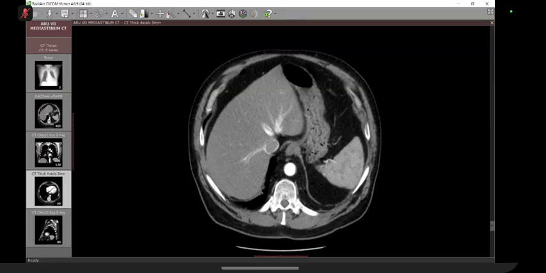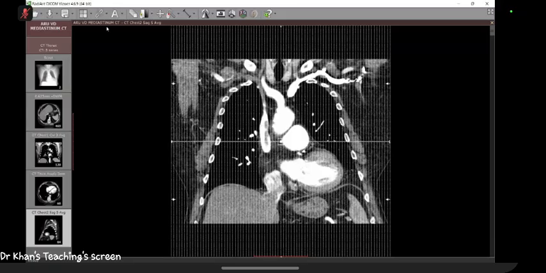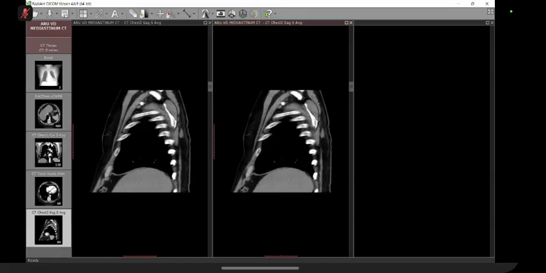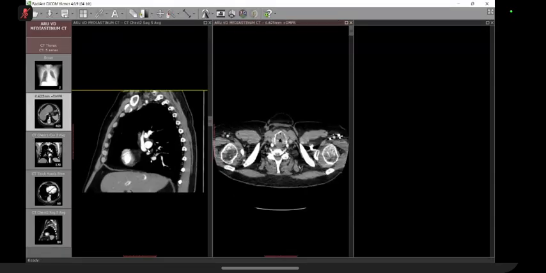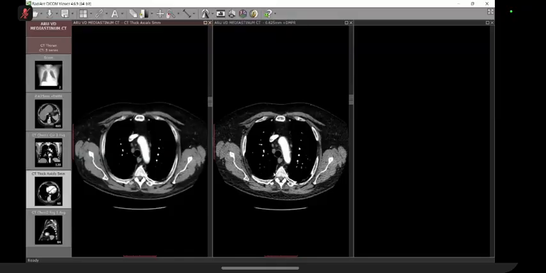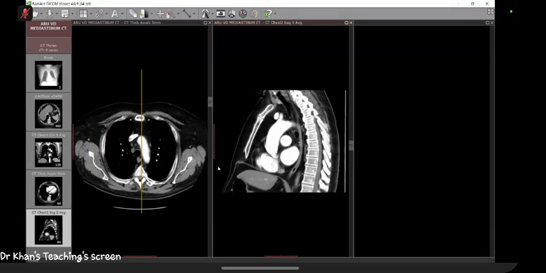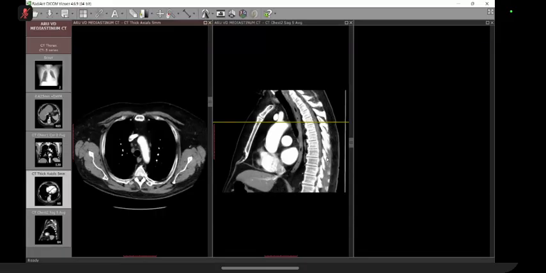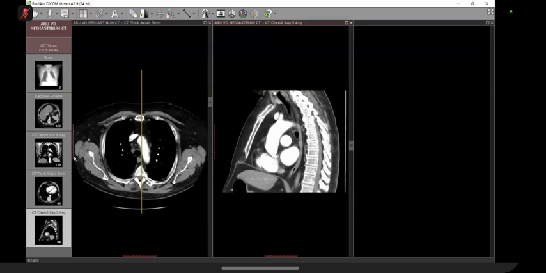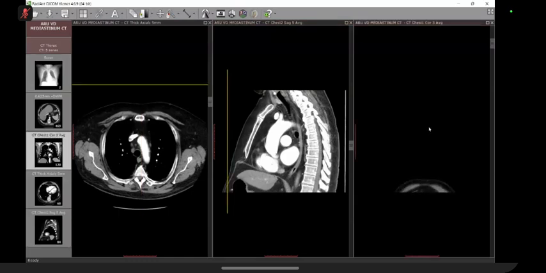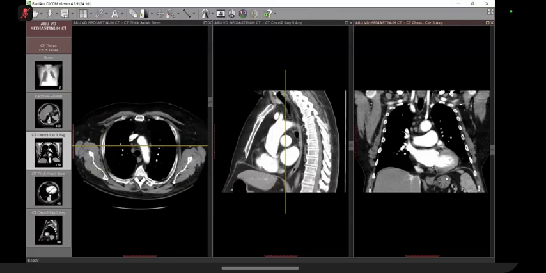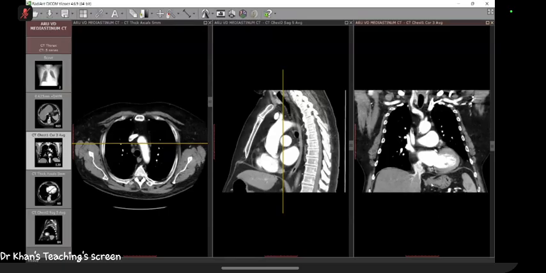Now, if I go here, when we look for thickening of the wall, we can also look at the sagittal. So there is a bit of a role for sagittal and at times for the coronal, particularly where it passes through the diaphragm.